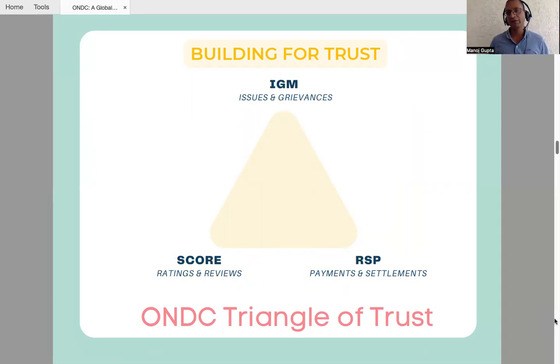This three-piece is in the process of going live in the network, which will make your grievance and issue ticket management very seamless, and your payments from buyer to seller very seamless. Anyone who does well will get rewarded with ratings, and anyone who doesn't do well with respect to ratings can be flushed out. So it is a very important piece that is getting built.